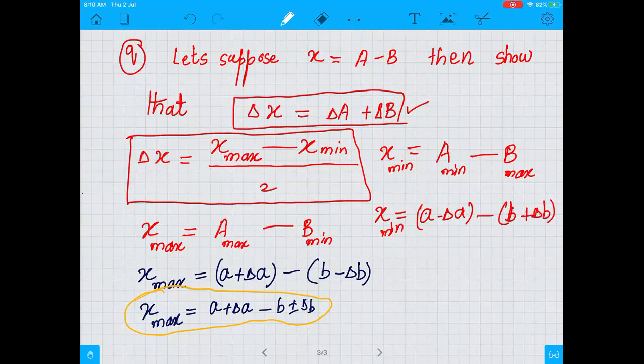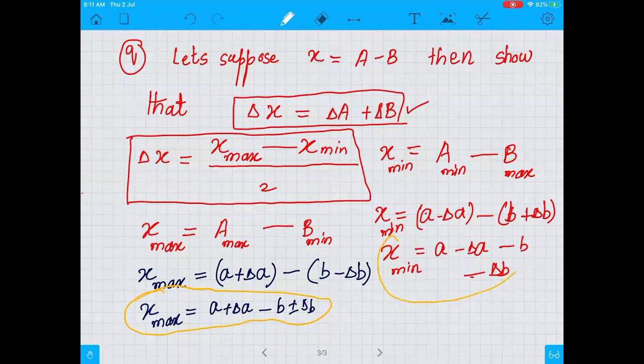So if we simplify this, x minimum is equal to a minus delta a minus b plus delta b. This is x minimum.